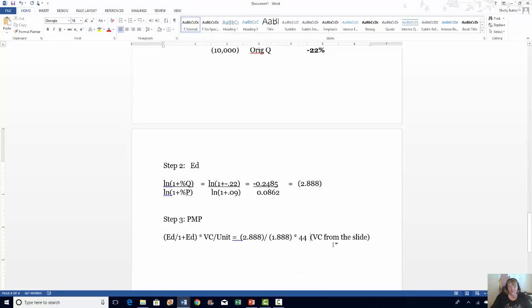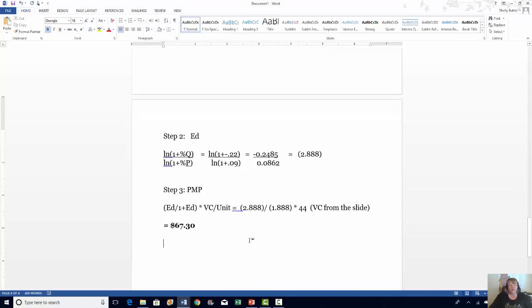And so that's going to give us our cost. When you do that math, you're going to get $67.30. This is your profit maximizing price, which is higher than what you were selling them for to begin with.